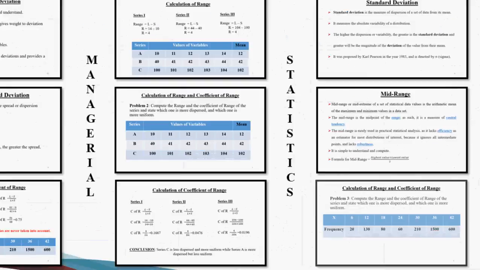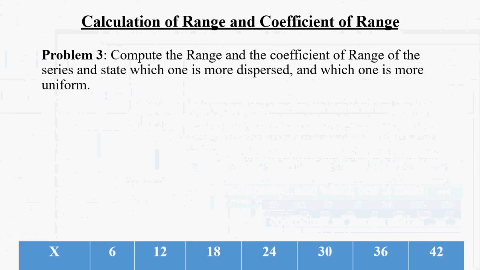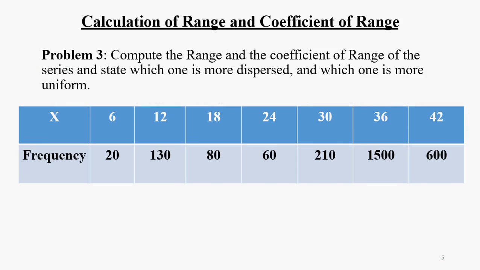Let us see one more problem with regards to range and coefficient of range. It is the same, but here only two values are given, x and frequency. So let us see how to calculate range and coefficient of range of the series and state which one is more dispersed and which one is more uniform.